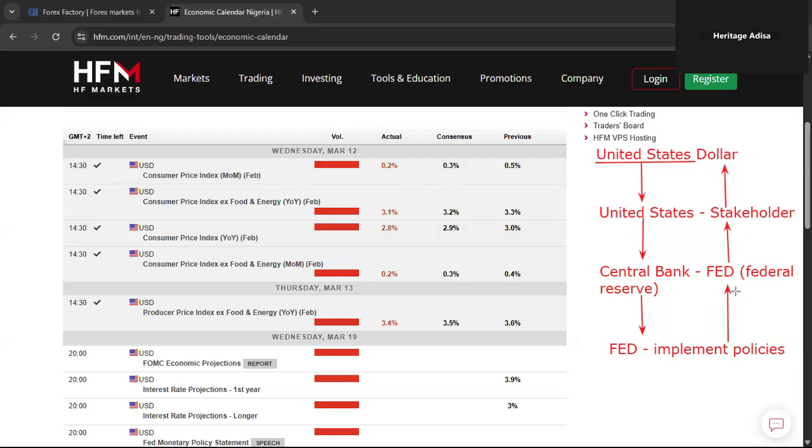Now, the policies of the central bank are where we're going to. Majorly, the central bank works with two major policies: interest rate and money supply. Naturally, there are also other ones, but majorly interest rate and money supply. But for us, interest rate is the most important one right now.